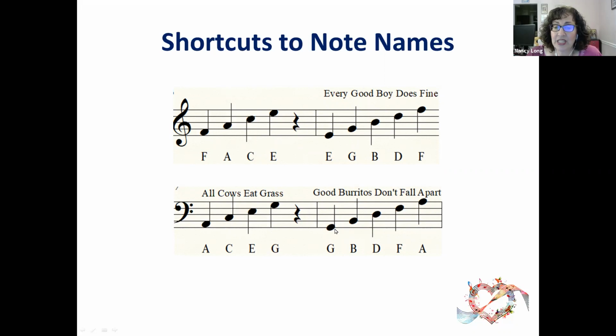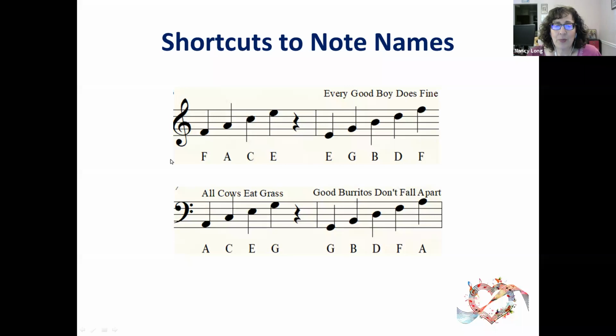And in the bass clef, the lines are G, B, D, F, and A, and I like to use good burritos don't fall apart. We also grew up with good boys do fine always. Again, whatever sentence makes sense to you, you're welcome to use it to help you learn these.